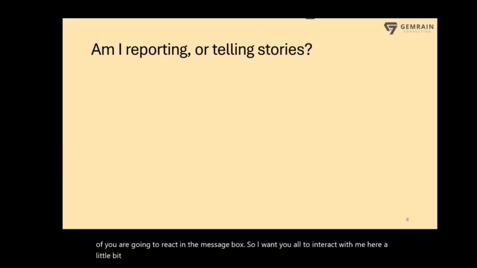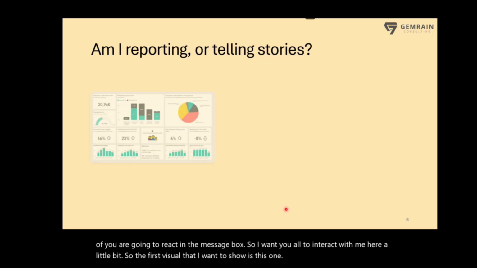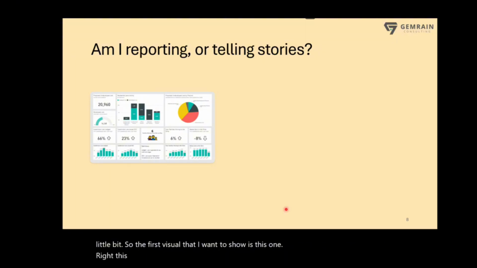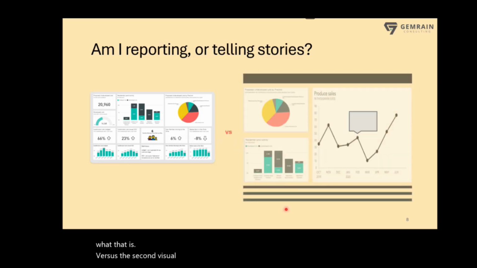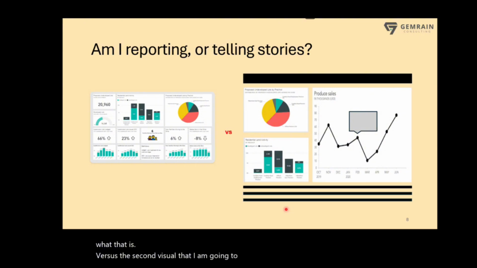So I want you all to interact with me here a little bit, yeah? So the first visual that I want to show is this one, right? We don't need to look into the details of it, but just take a quick glance at what that is. Versus the second visual that I am going to show would be something that looks like this.